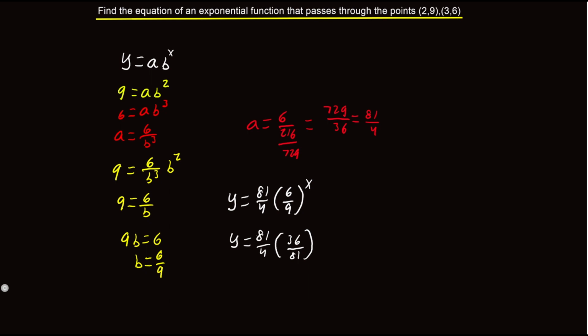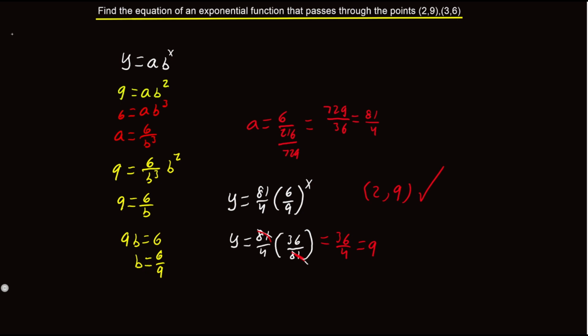So we have 81 in the numerator and denominator, so they cross out, where now we have 36 divided by 4, which gives us 9. So that gives us our coordinate (2, 9), which is correct.